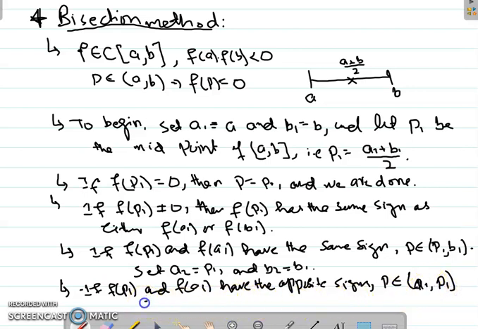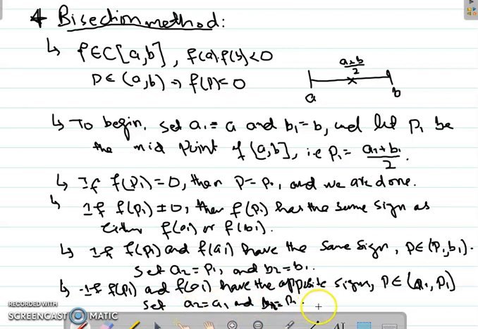So in this case, we will set a2 equal to a1 and b2 equal to p1.